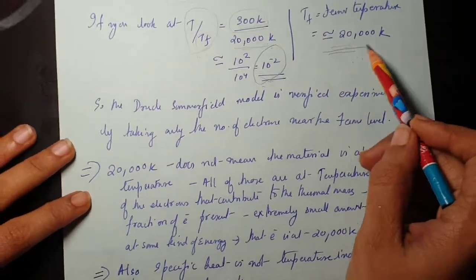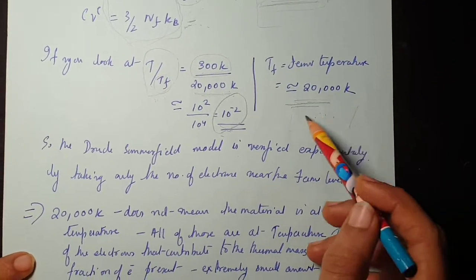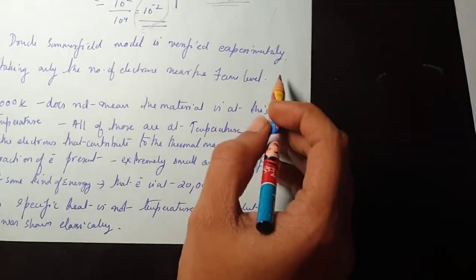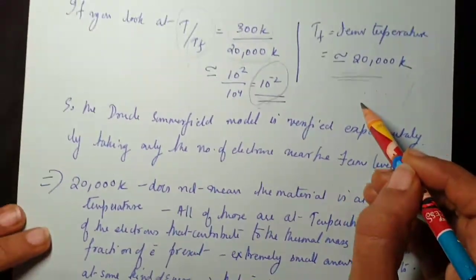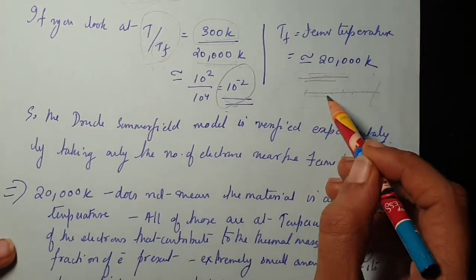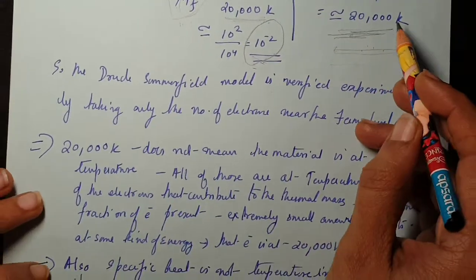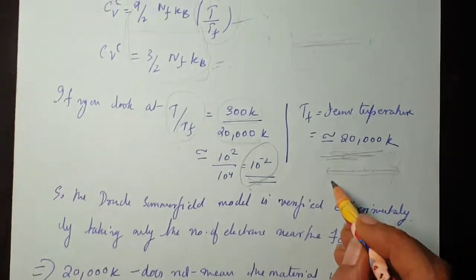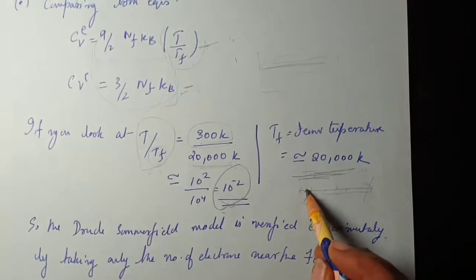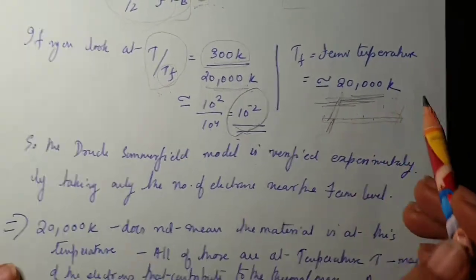Now this 20,000 Kelvin does not mean that the whole material is at 20,000 Kelvin. It just means that a certain part of the electrons near the Fermi level, not all the electrons or the whole material, have very high energy, and that energy translates to this temperature.